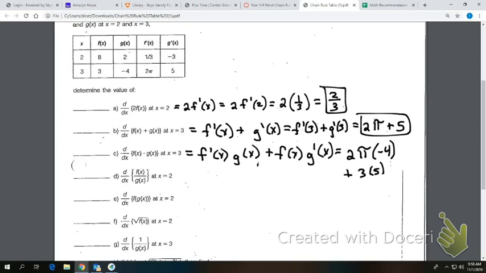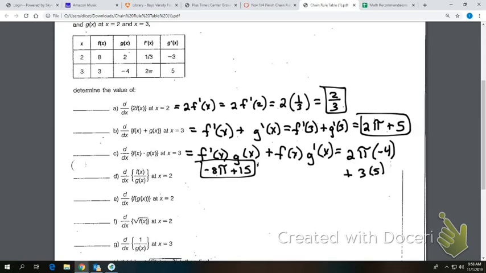So probably we should write it as negative 8 pi plus 3 times 5 is plus 15. Did you all get to there? You okay with that one?